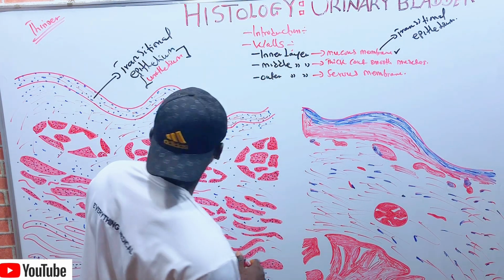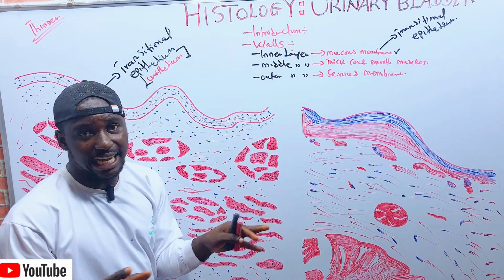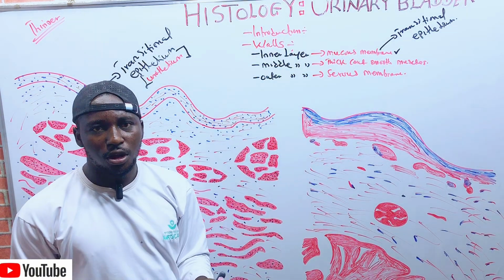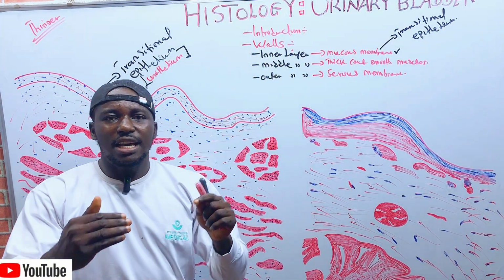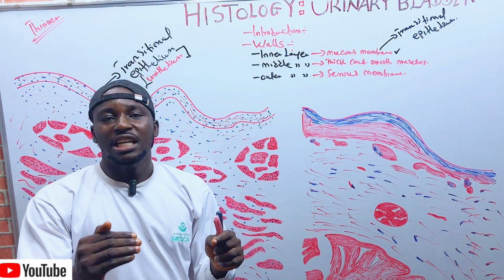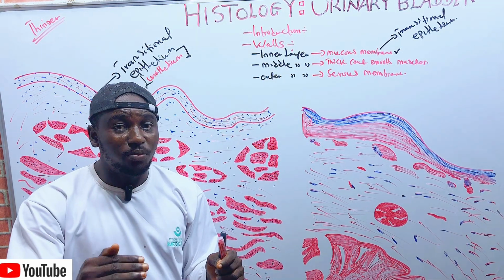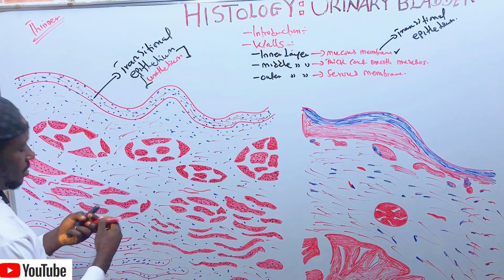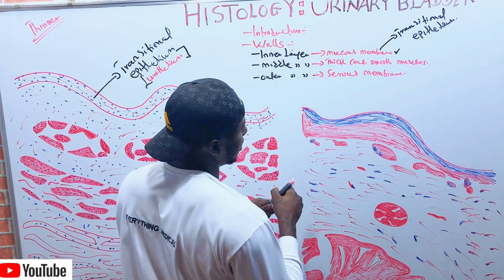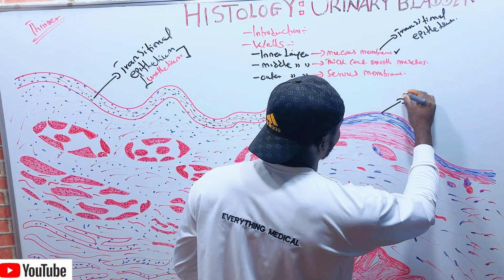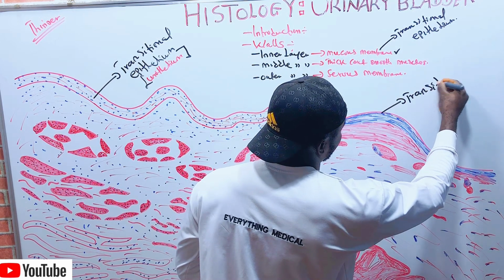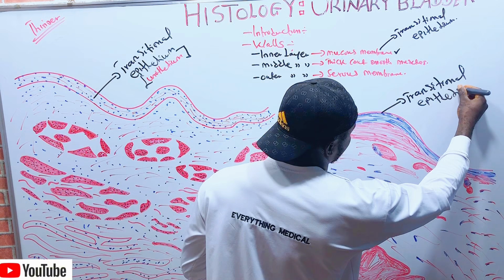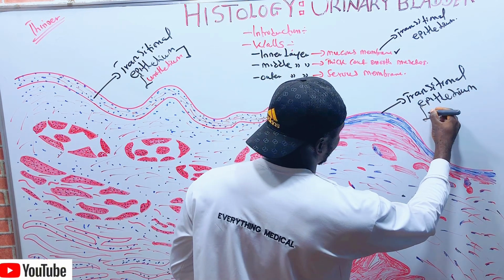Okay, next, before we dive into the thick coat of smooth muscle, there is a connective tissue which the transitional epithelium rests upon. That is called the lamina propria. Recall that this is the transitional epithelium, which can be called urothelium.